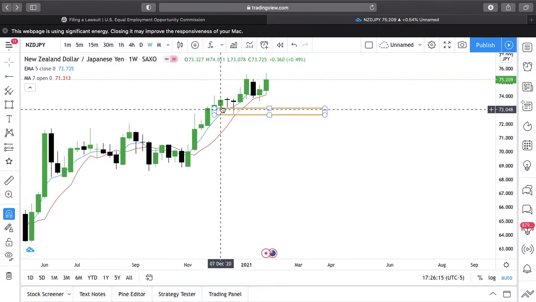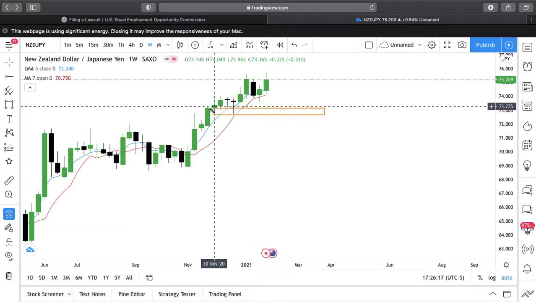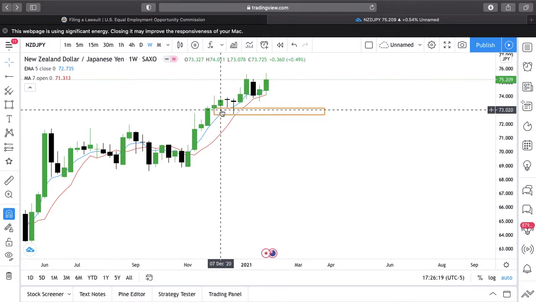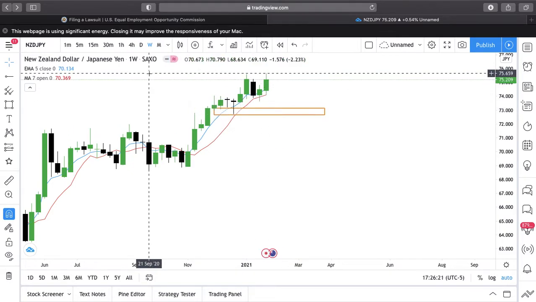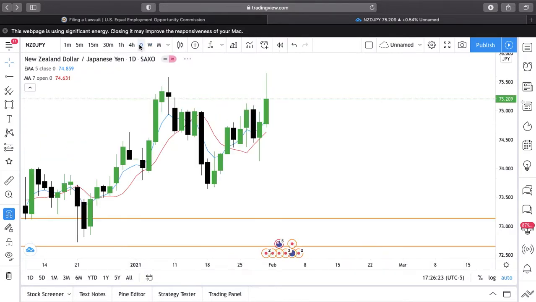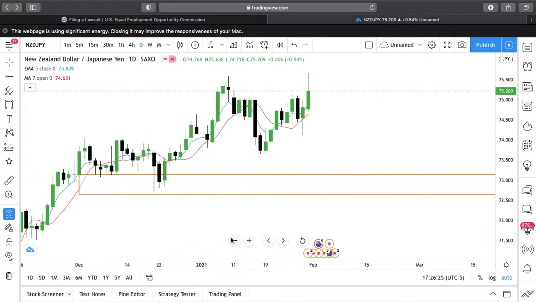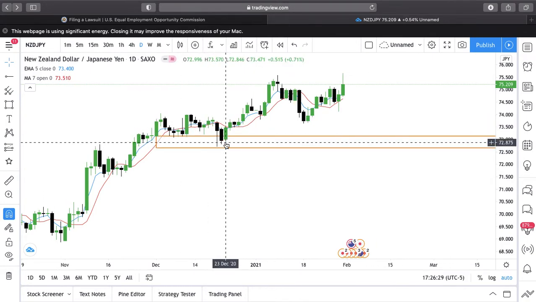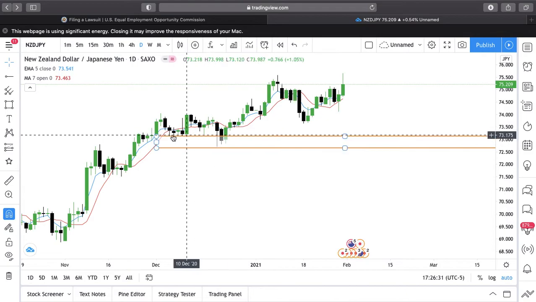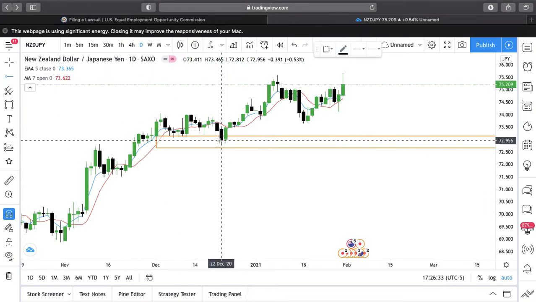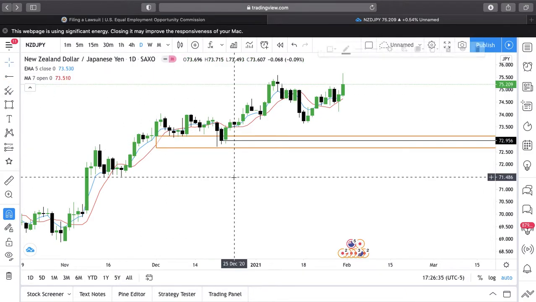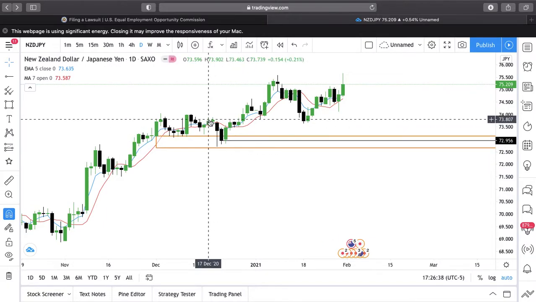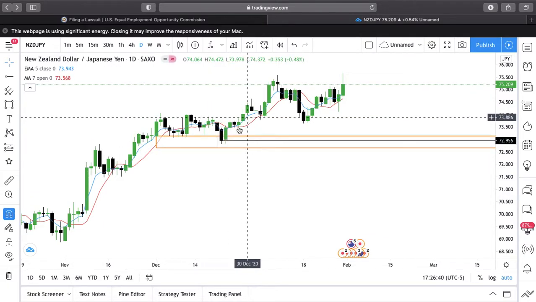So I have my room here. I'm still looking at this area, and I have not found my floor yet. Remember, 2 to the left, 2 to the right. So I head down to my daily, and what do we have here? Within this room right here, there's a floor, and that floor is right here, right? 2 to the left, 2 to the right.